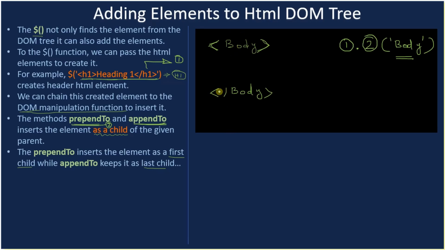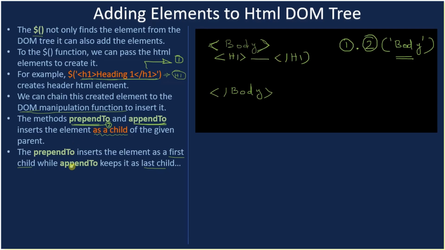Then this prependTo is called on the h1 object. That means we are adding the h1 element to the body as the first child, because prependTo makes it the first child. This will create the element h1 and prependTo the existing body. So here h1 is added.